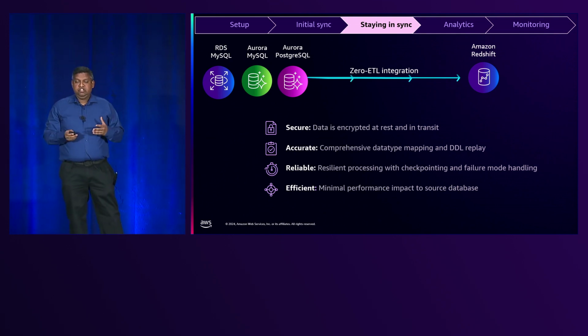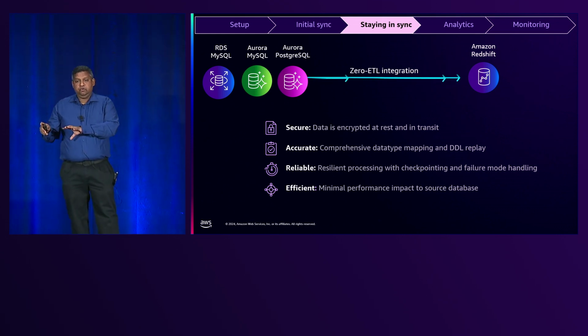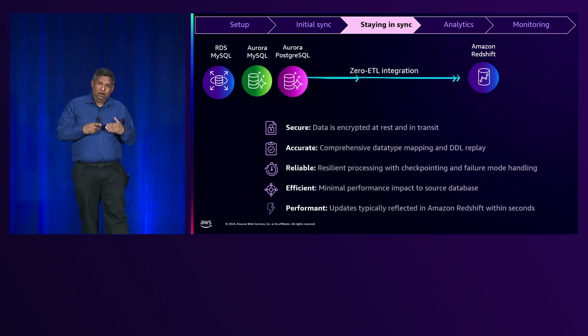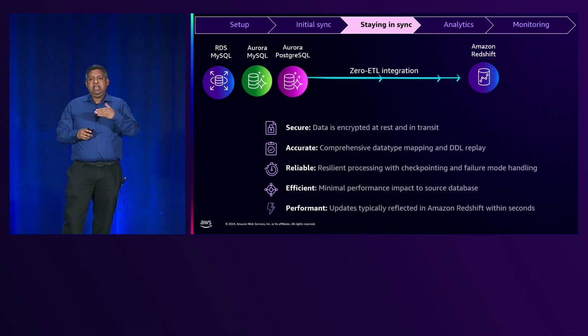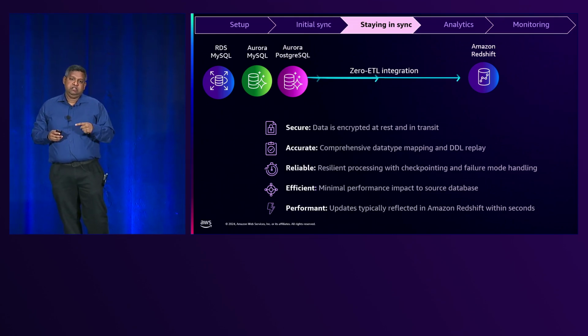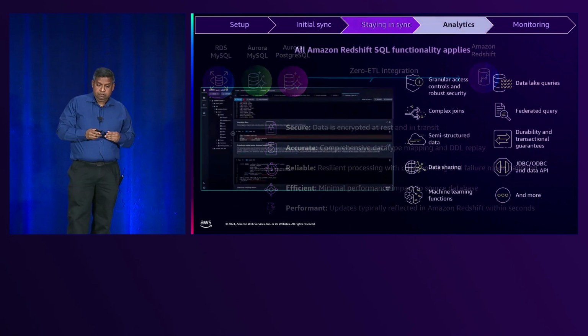We leverage multiple strategies to make sure that the impact on your source database for transferring that data to Redshift is minimal. And at the end of it, we also improve the speed of that transfer to Redshift, at the fastest possible speed with the current stack that is being used.